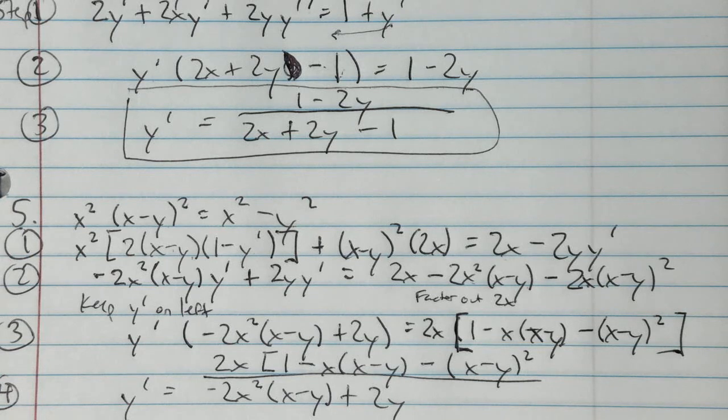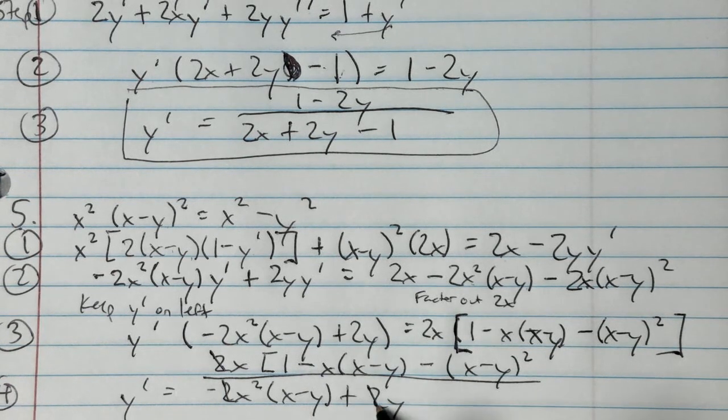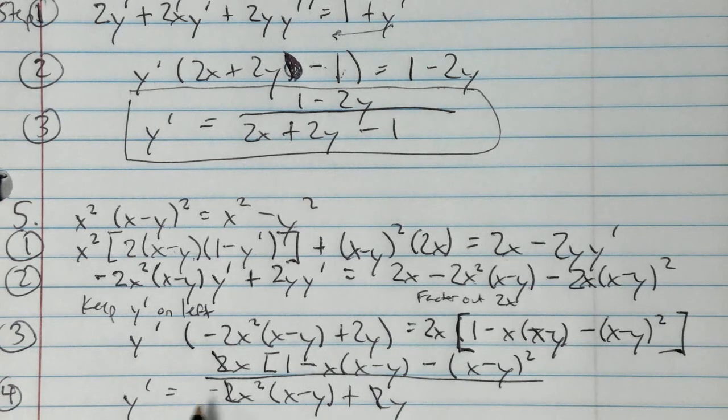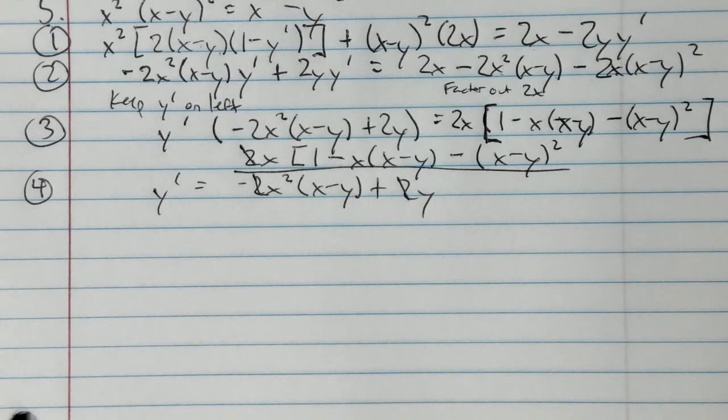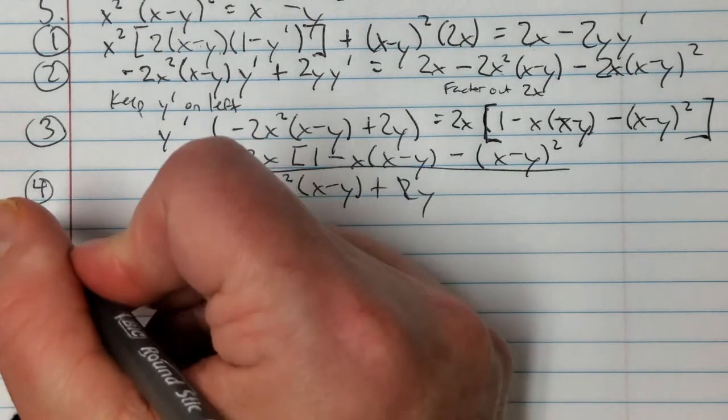So the first step that we're going to do to simplify this is to cancel out the 2 with both of these, because you could have thought of factoring out a 2 and then dividing it. But that's going to be our first step.